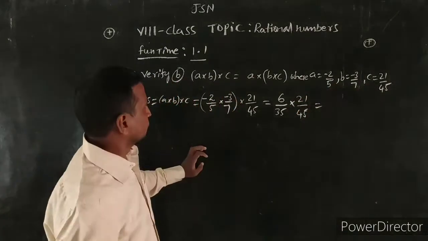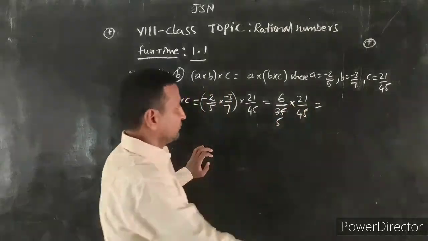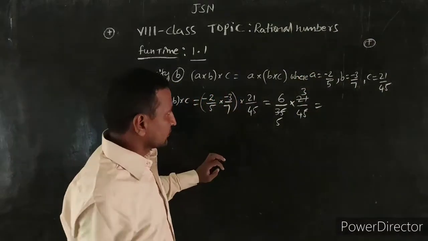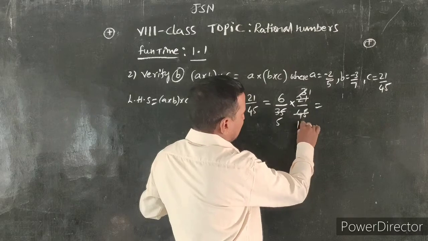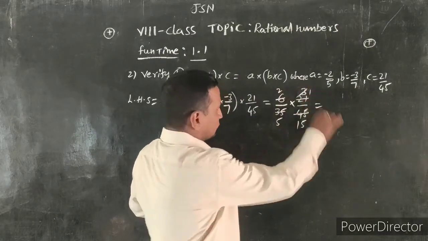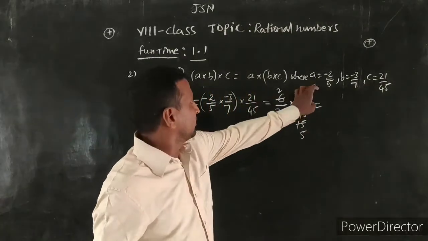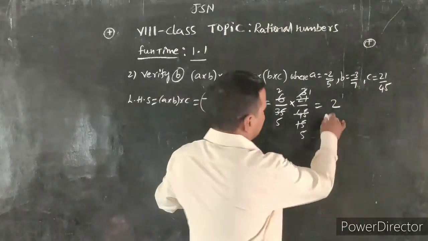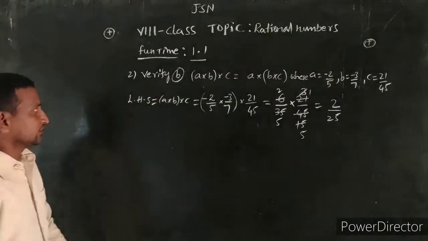Equal to, multiply: 7 fives are 35, 7 threes are 21, 3 ones are 3, 3 fives are 15, 3 twos are 6. So 2 into 1 is 2 by 5 into 5 is 25. So the LHS answer is 2 by 25.